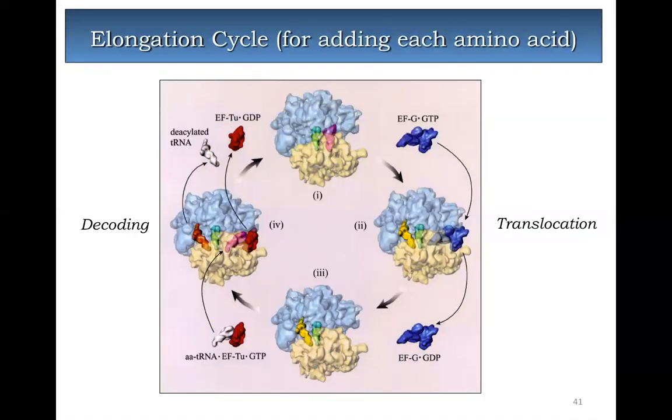And here we came up with the first elongation cycle. The elongation cycle is the cycle that is used for adding each amino acid in sequence.